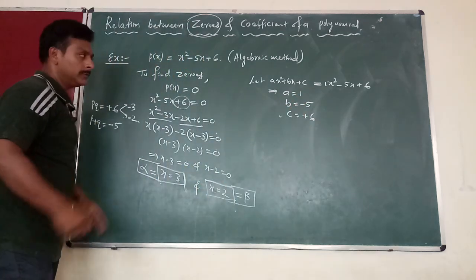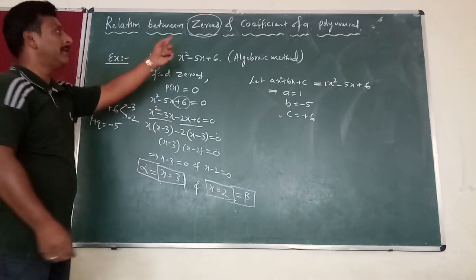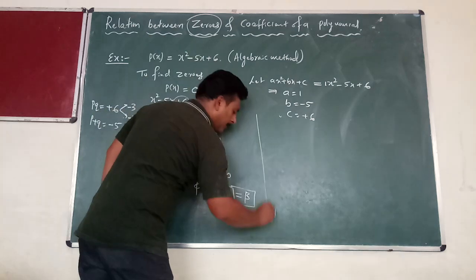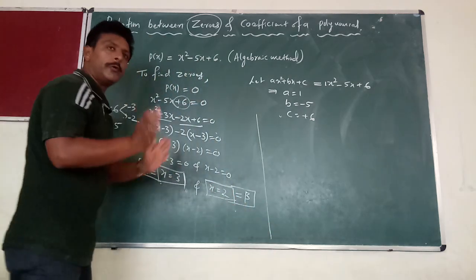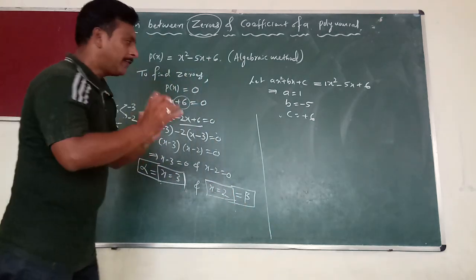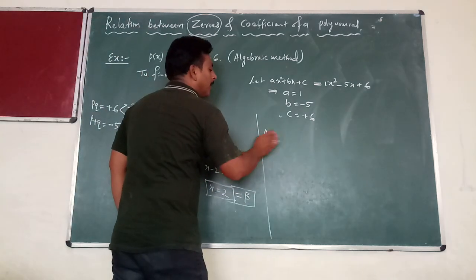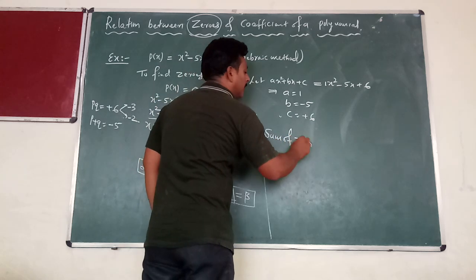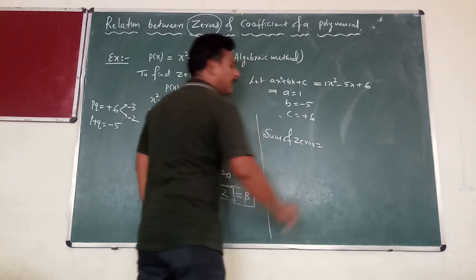Now I will show you the magic relation between zeros and coefficients of the polynomial. What is that magic? Both the zeros I am going to add. Sum of zeros we will get.